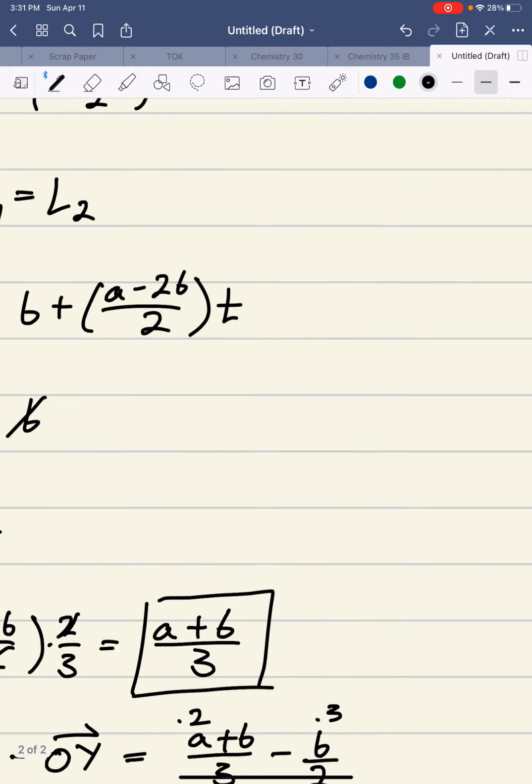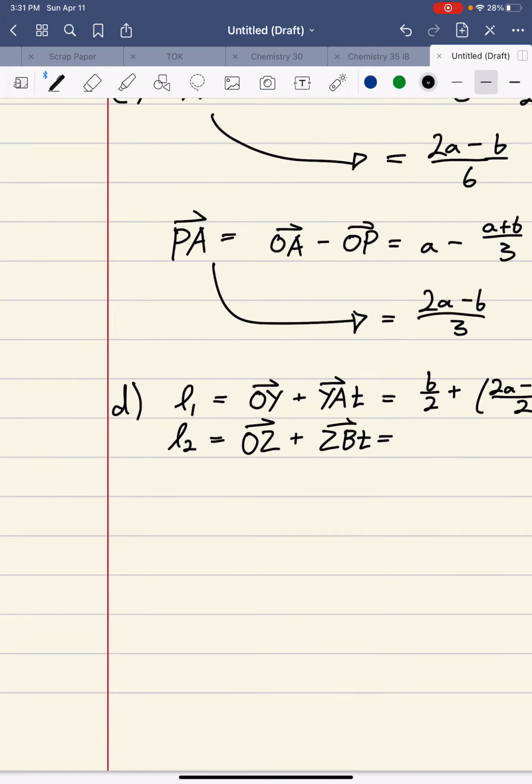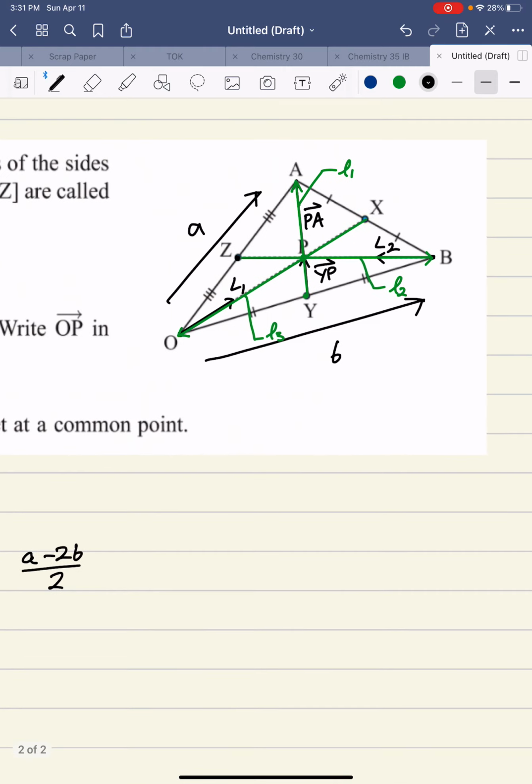So we can find this pretty easily. All of these have the same parameter t.